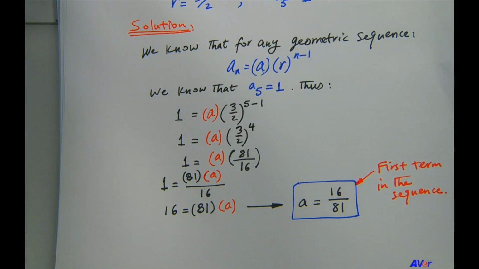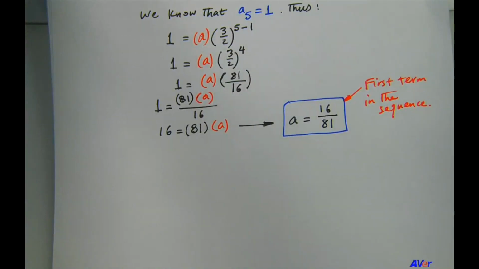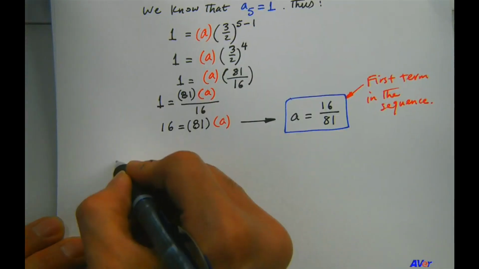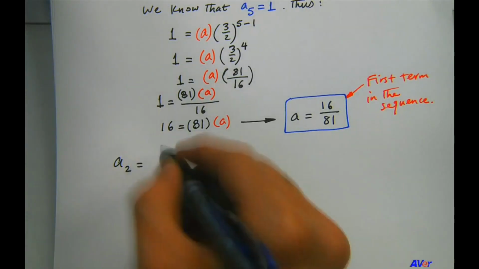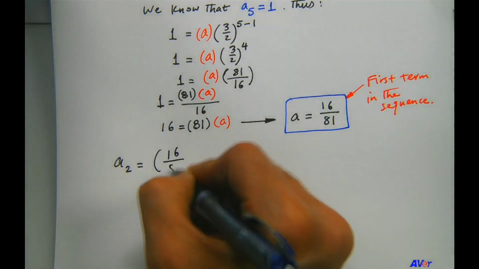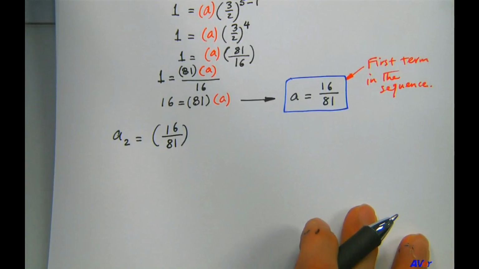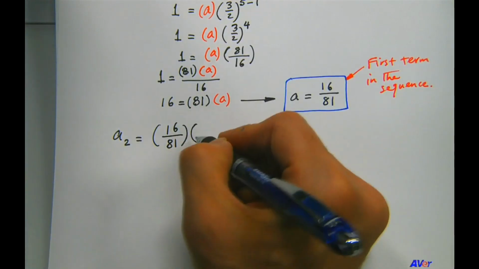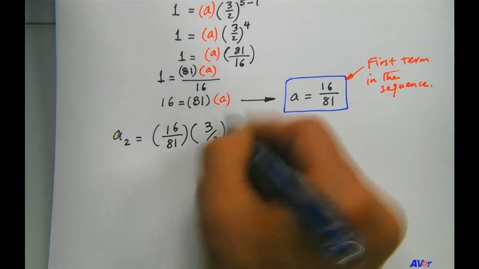But they're asking us for the first 3 terms. So we have 2 more terms to calculate. Let's do that. So A2 would be that first term, 16 over 81, times the common ratio, which we were given is 3/2, to the n minus 1.